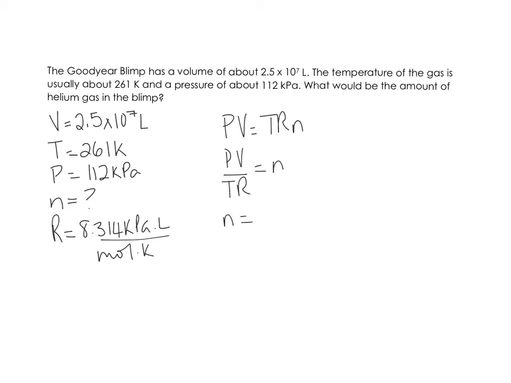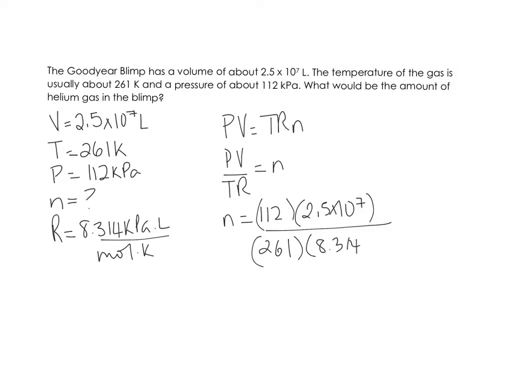So pressure 112 times volume divided by temperature. Make sure it's in Kelvin. And our R value. So this is 1.29 times 10 to the 6 moles.